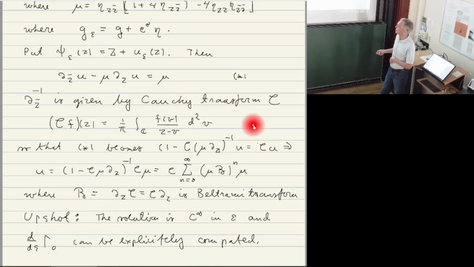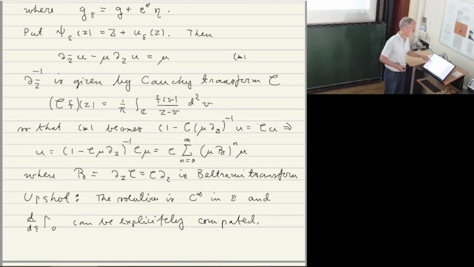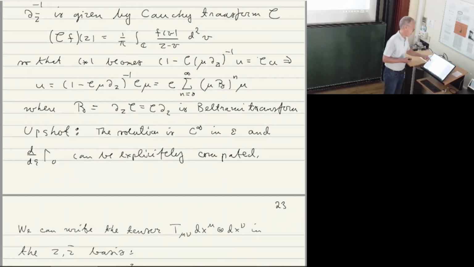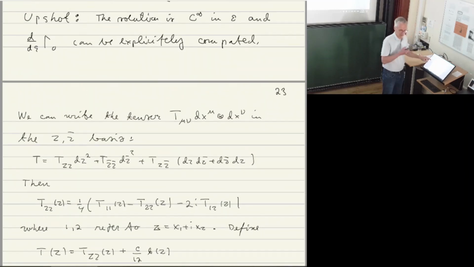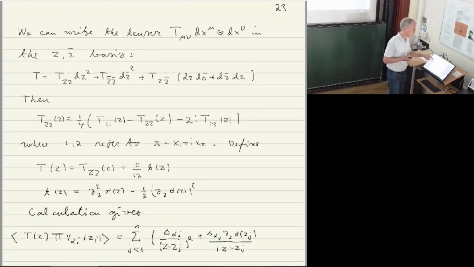There's an explicit way to do it. If you are interested, look at the book by Astala, Iwaniec and others, or if you want to see how this theorem is proven, look at the paper by Joona Oikarinen and myself years ago.